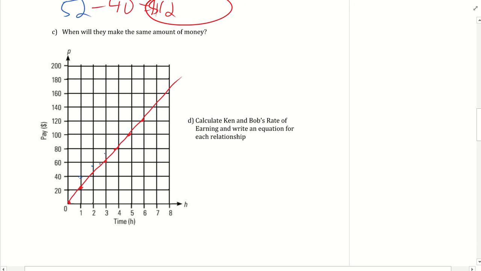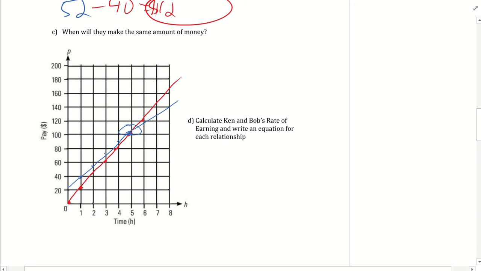After 4 hours, he's going to be making about 84. And then after 5 hours, there we go. We can hopefully put that line. That's when they would make the same amount of money. After 5 hours, they both will be making $100. After that, Ken will make more money than Bob. Another way to do that, we did that graphically.